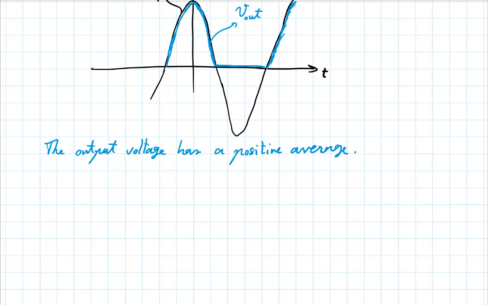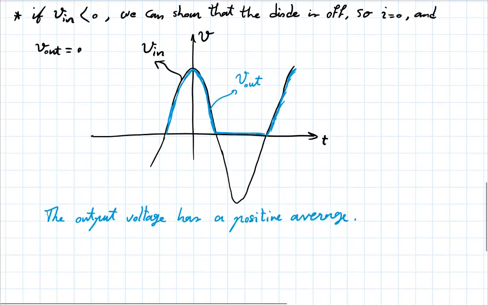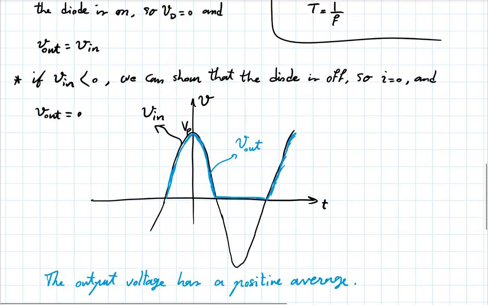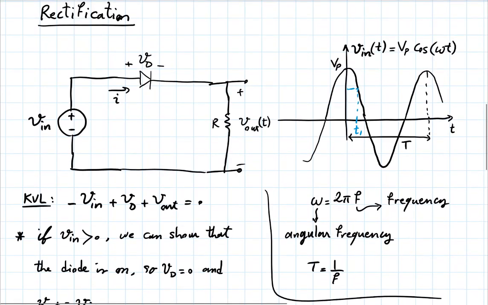What I'd like to do next, as you might imagine, is to try to stabilize this output a little more. This is really just swinging wildly between 0 and that peak value, Vp. We'd like to get something that's closer to a constant voltage. Okay? And for that, I'd like to remind you of the example we saw last time with a capacitor.